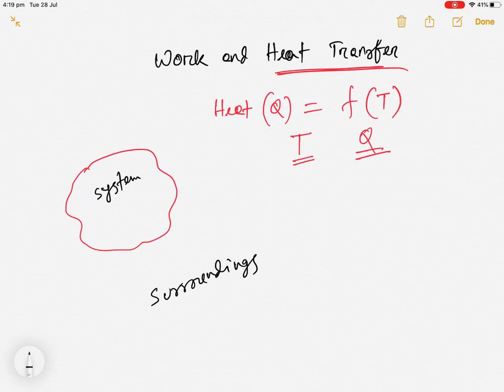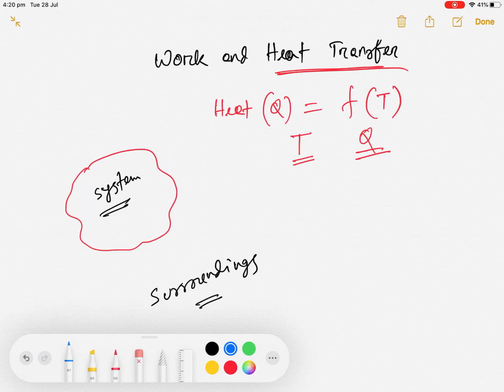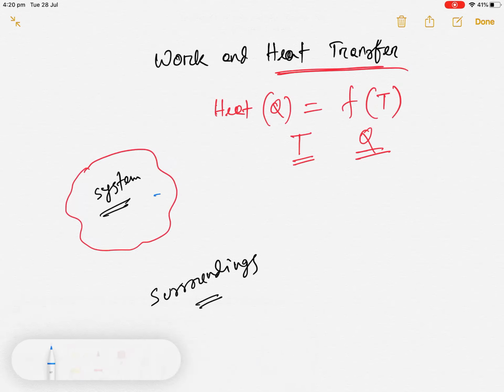Heat and work transfer, the interactions between the system and the surroundings, happen in two ways. One is heat transfer, the other one is work transfer. So heat can go from the system to the surroundings, that's one way, and the other way is from the surroundings to the system.